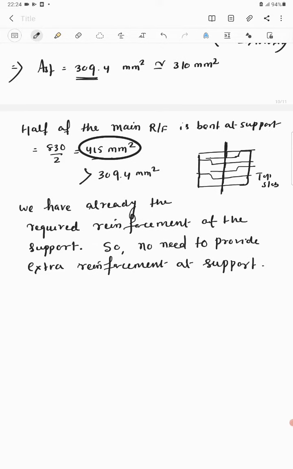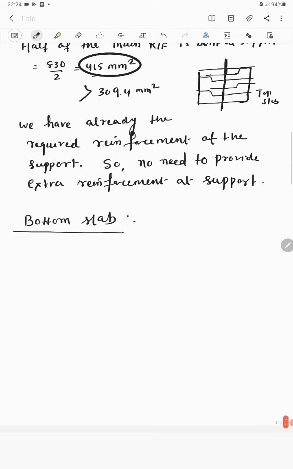Similarly we have to design for bottom slab. So what are the cases?